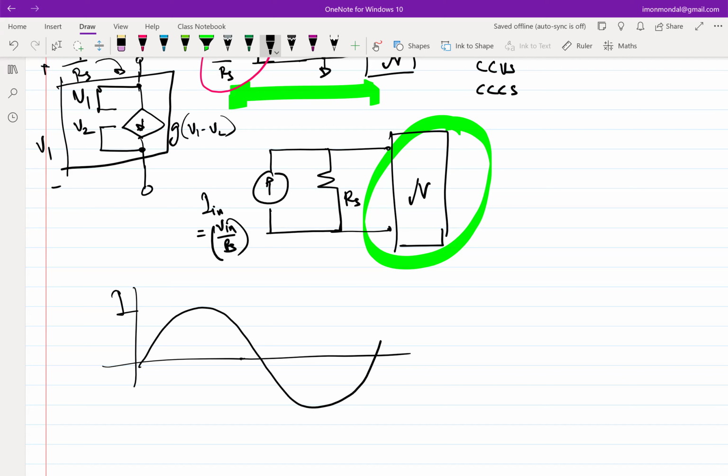When you pass current, the resistor dissipates power and heats up, right? If you plot the heating profile with respect to time, it will be hot when the current is high and not so hot when the current is close to zero. It might not be observable, but the mechanism is happening inside.